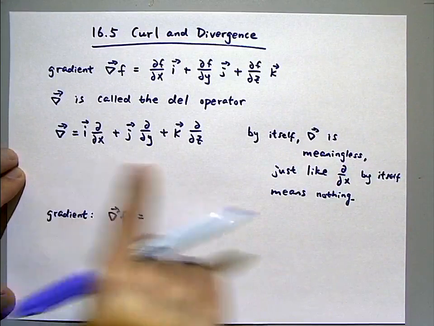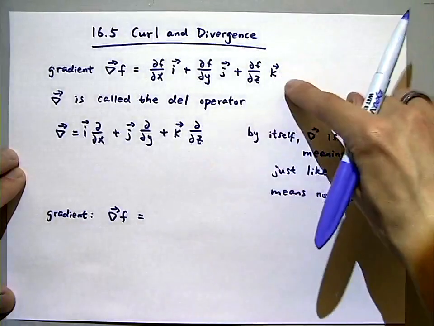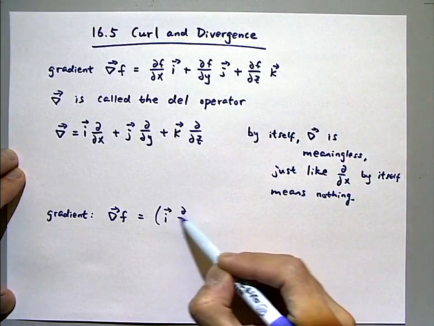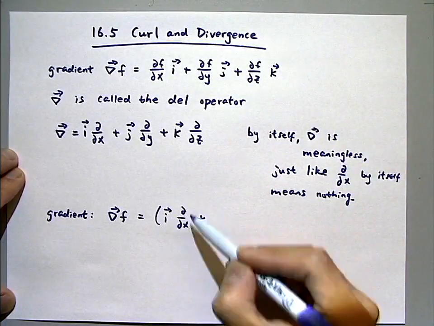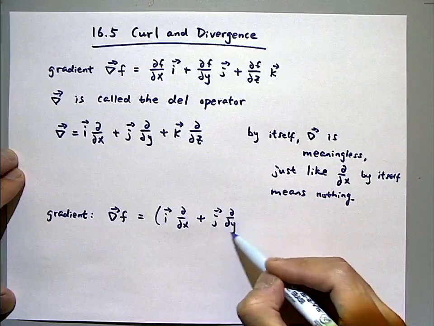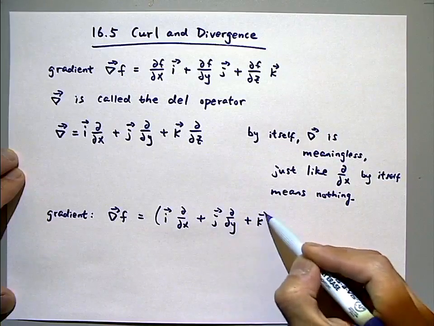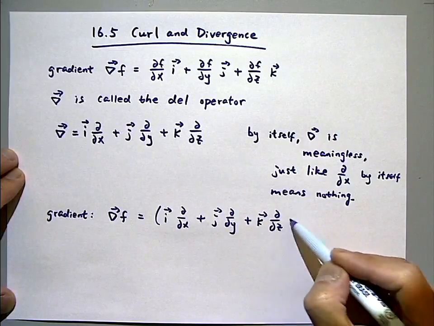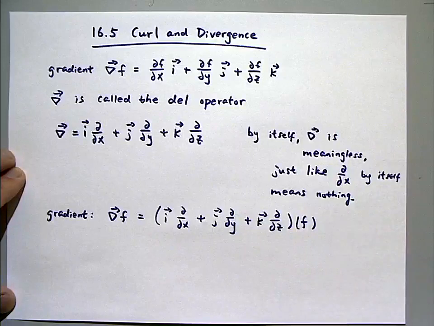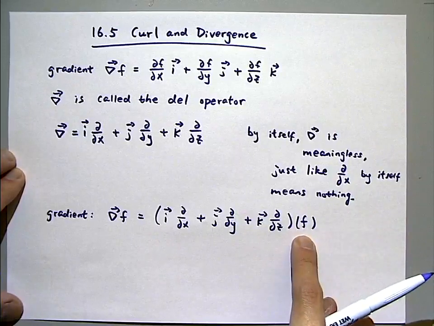Now we know what del really looks like. We can see how this thing came out. This is i times the partial derivative with respect to x operation, j partial with respect to y operation, and then k partial with respect to z operation, times this scalar function f.